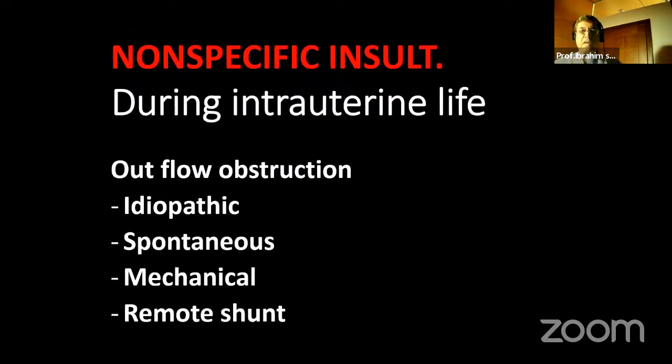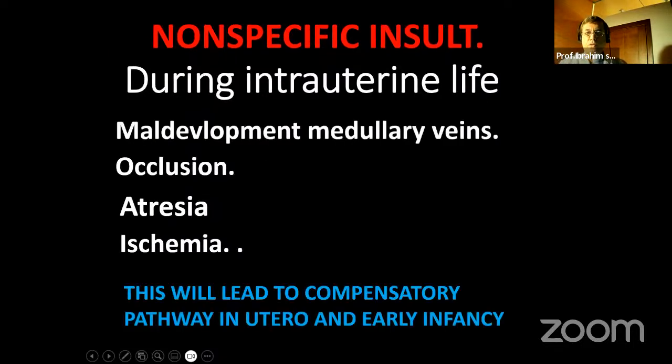Those non-specific insults are during intrauterine life, either out of fluid obstruction, which is idiopathic or spontaneous, mechanical obstruction or remote shunting. All these factors will cause the maldevelopment of those medullary veins, occlusion, atresia, ischemia, and that would lead to a compensatory pathway. So this is not a malformation, this is a variation of the normal venous pattern.